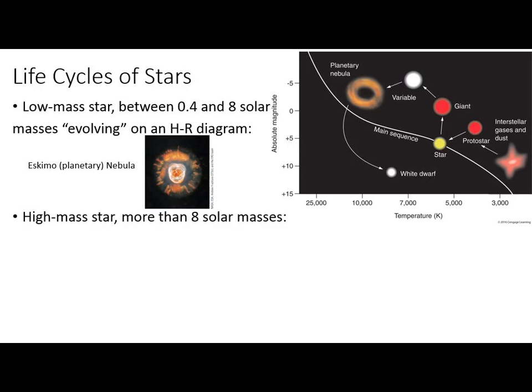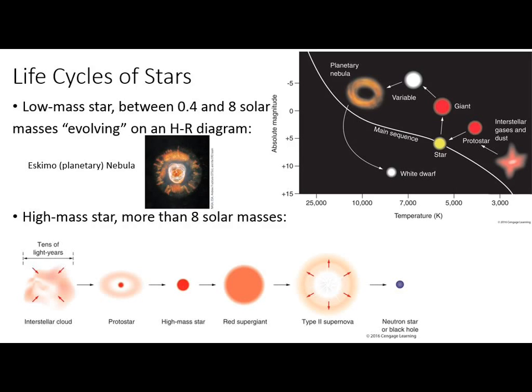Then the high mass stars, more than 8 solar masses, and I don't think I differentiated between forming a neutron star or a black hole. Here's a figure to show you from left to right how that works. If we pick it up here with a high mass star on the main sequence, what's it going to do next?